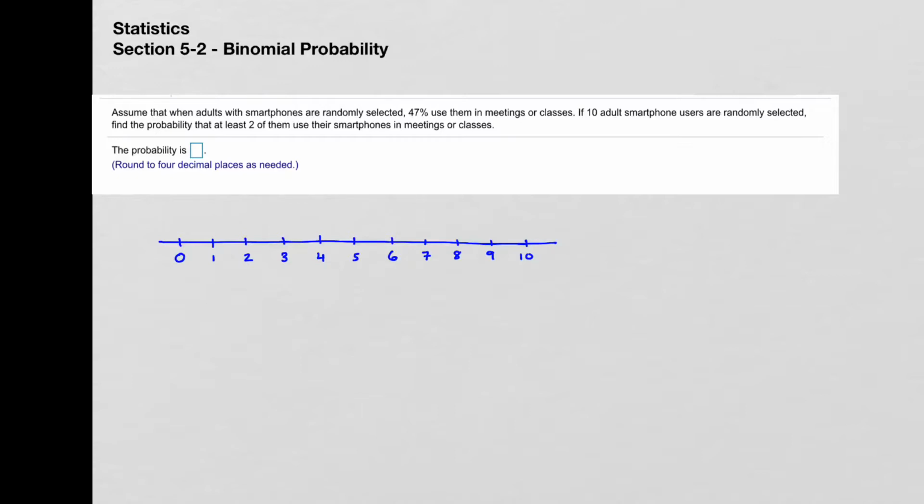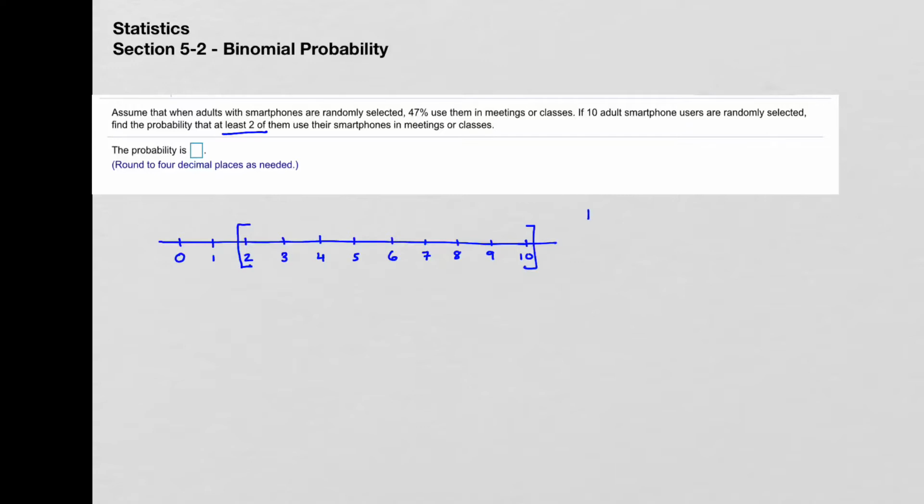And in this question, it asks us to find the probability at least 2 use their smartphones in a meeting or class. So that means that we want to find the probability of anywhere from 2 to 10 successes. 2 to 10 people use their smartphone in a meeting or class.